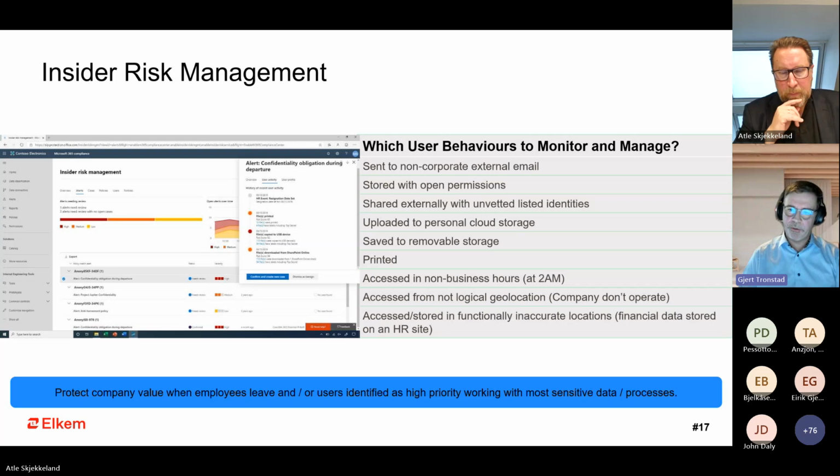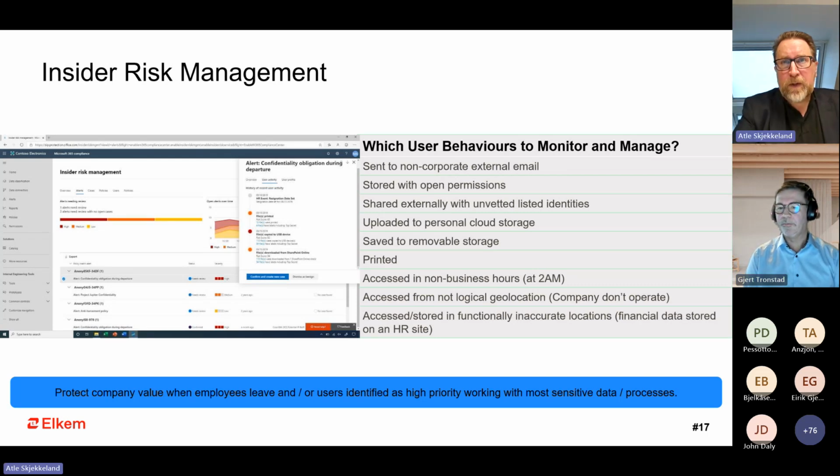As you can read here, there are many other things we want to look into. At the same time, we are a company under GDPR laws, with things we have to follow up on. So how can we handle this in a good way? Of course, this is not necessarily only insider risk, but it's an important part of how we can monitor and do this legally.